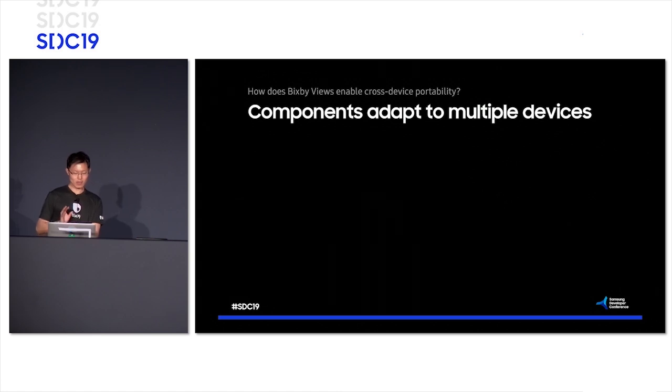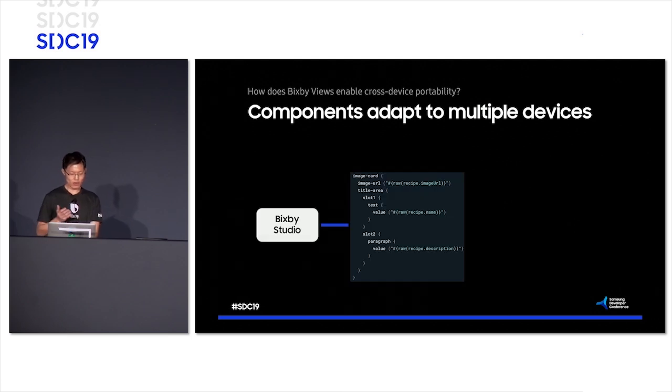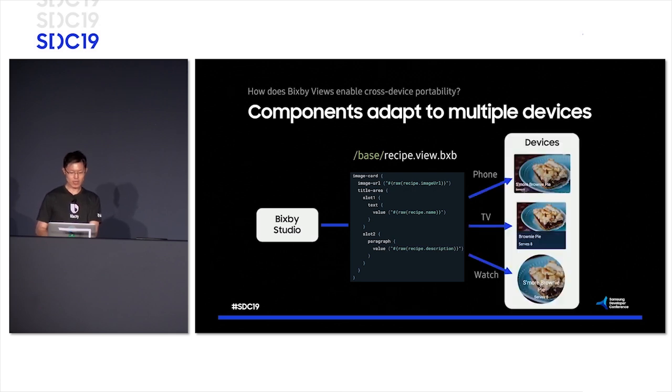The main approach is to make components adapt to multiple target devices. Think of this scenario in Bixby Studio: you write an image card, and you write it inside the base directory, which is shared across all devices. So when this image card is run, it will be optimized automatically for the target devices.